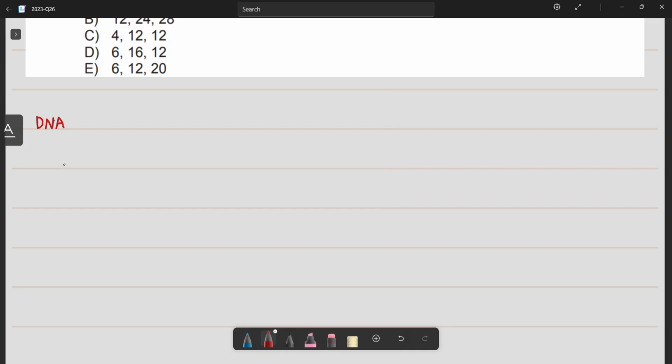So it encodes for protein, so it undergoes the central dogma to produce that protein and the overall building structure of the organism. So it basically carries the genetic information. And the most important thing we must know for this question is the DNA structure, the main components that make up the DNA molecule.